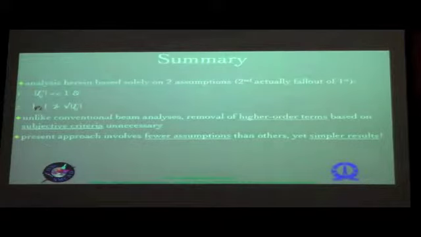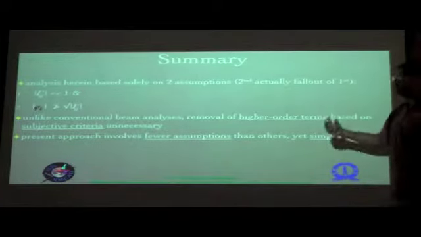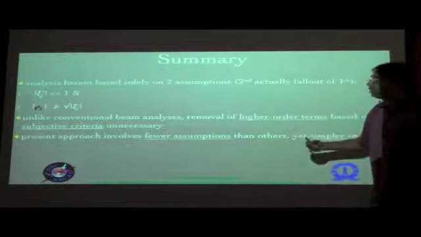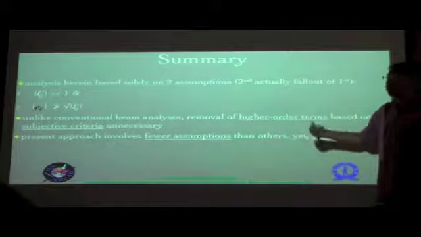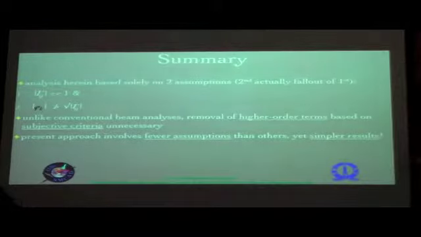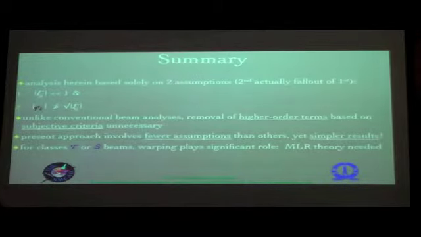The present approach involves fewer assumptions than others, but still the results that you see are fairly simple. So it basically contains just the salient features, and when you want to add higher order terms to make it more accurate, you involve the warpings and the local rotations as well. So for class T or S beams, warping plays a significant role, and therefore you have to go for the little more complex moderate local rotation theory.